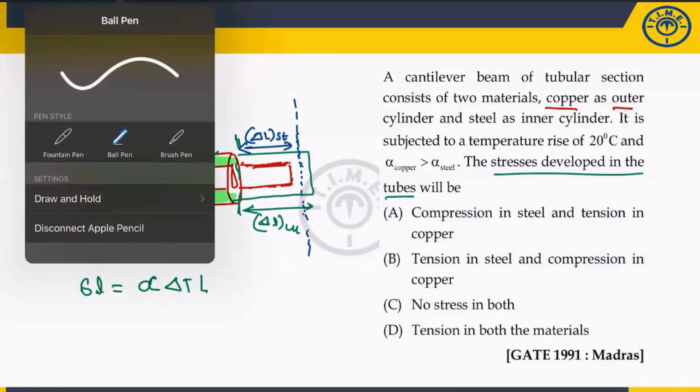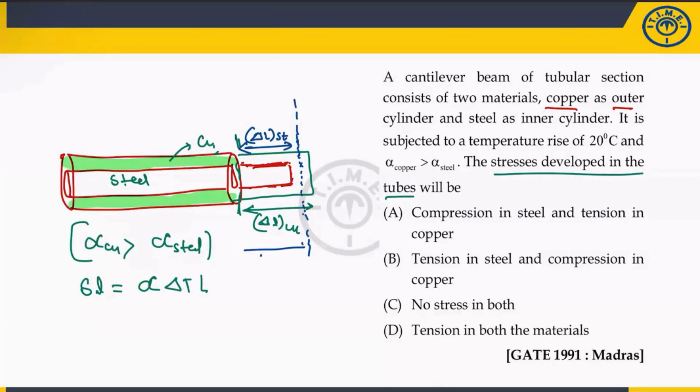I will write here the total deformation of the composite bar, denoted with CO. Now the total deformation will be at this point, in between these two end points, because copper is expanding more and steel is expanding less, but they should expand the same distance.